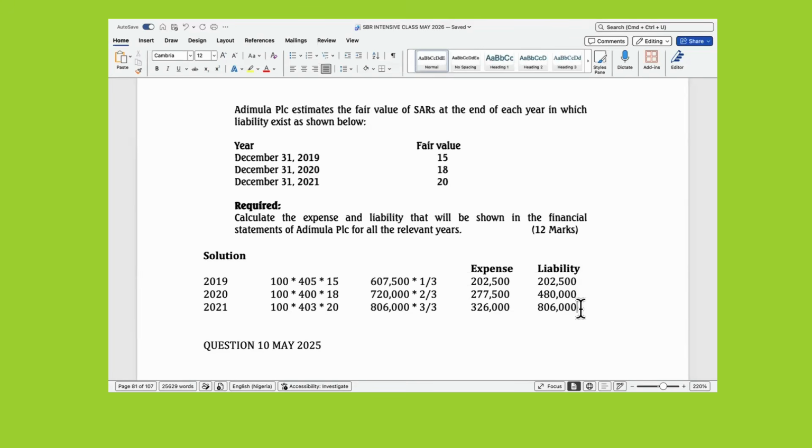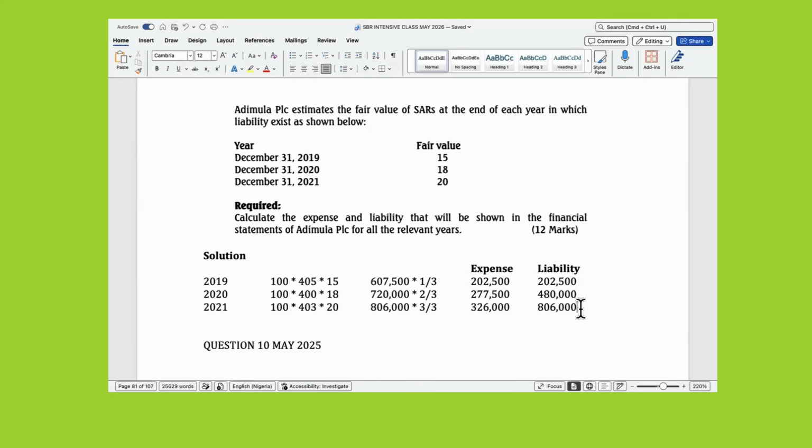Like what we have just solved now, assuming we have 15, 18, and 20, but only one value is given to us for the period, say 15, we can use that 15 throughout. For cash settled, they cannot give us one particular value.